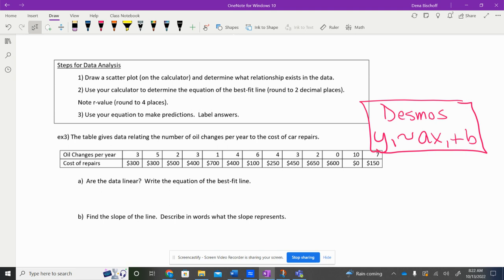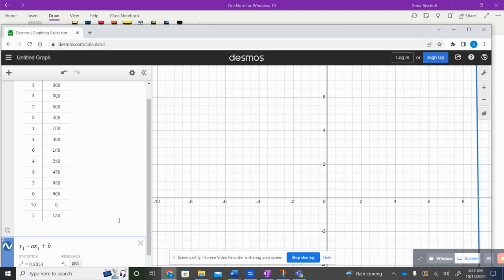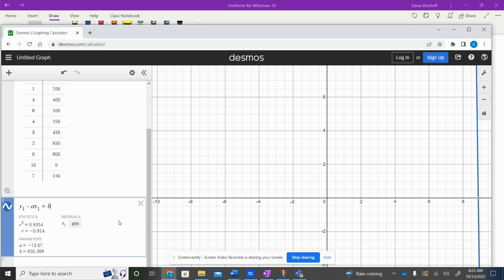So when we do that in Desmos, we get a little box that pops up that says R1. What does it say R is? R equals negative 0.914.